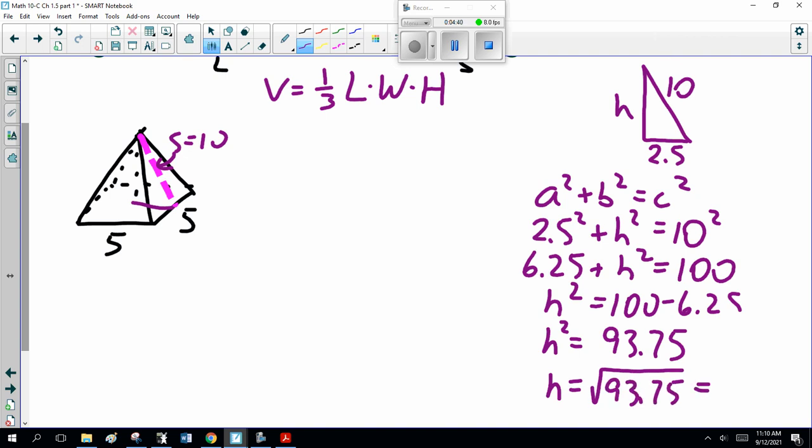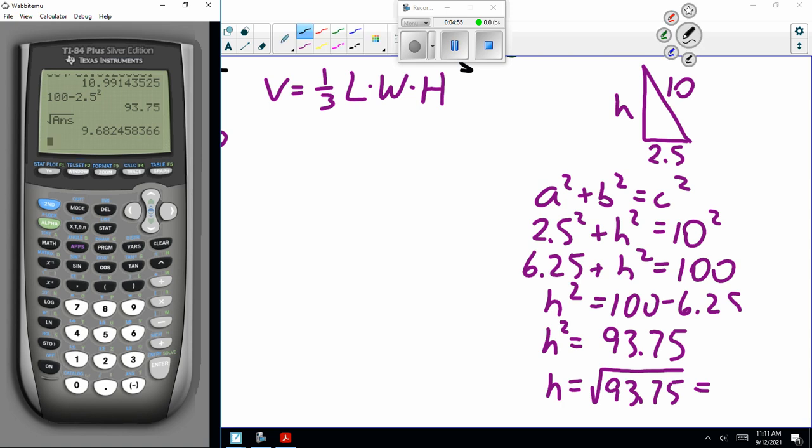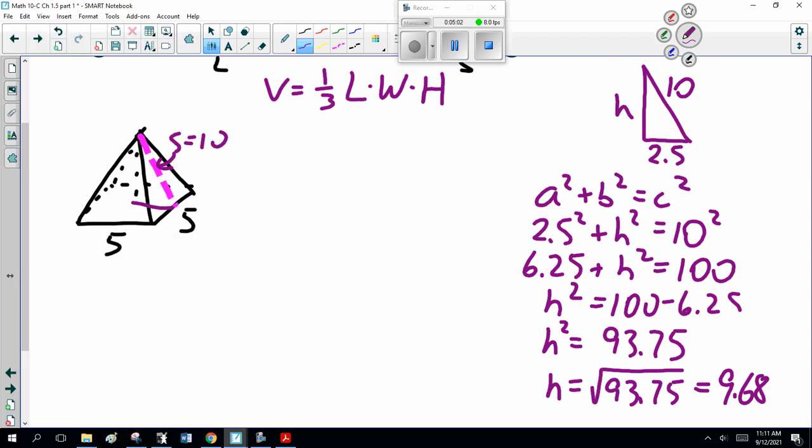Now, I can't do that math in my head anymore. Square root my answer, 9.68. This is 9.68.